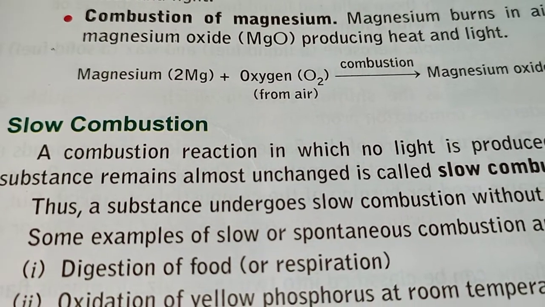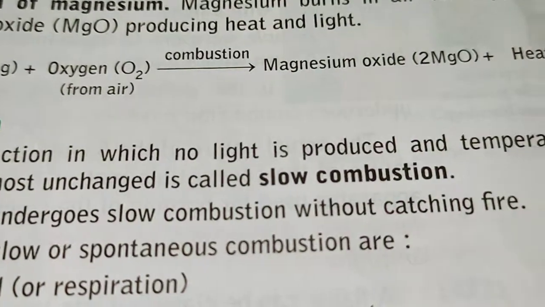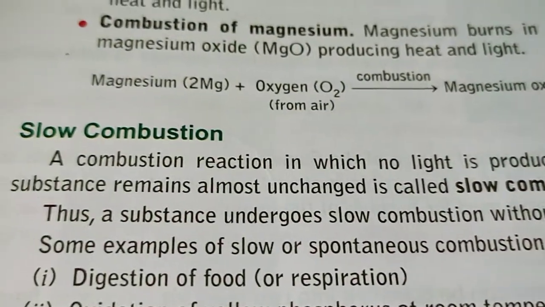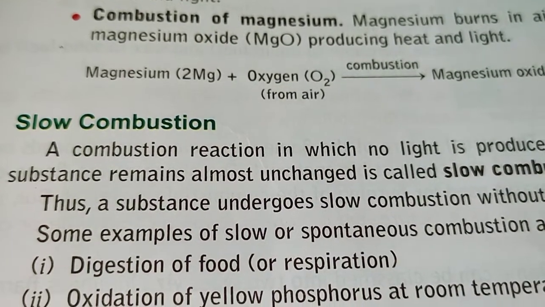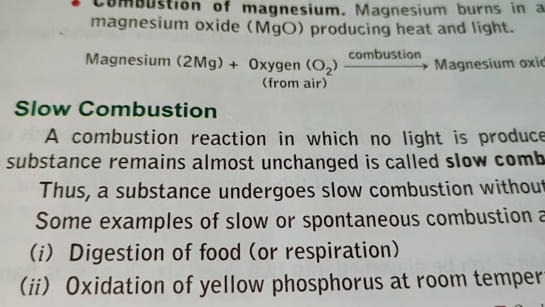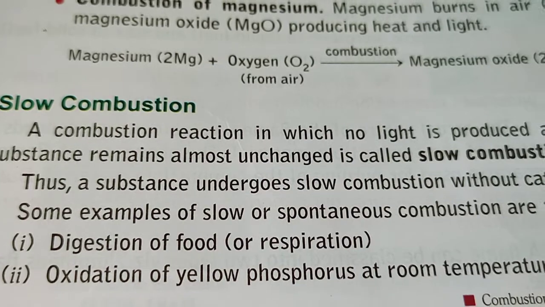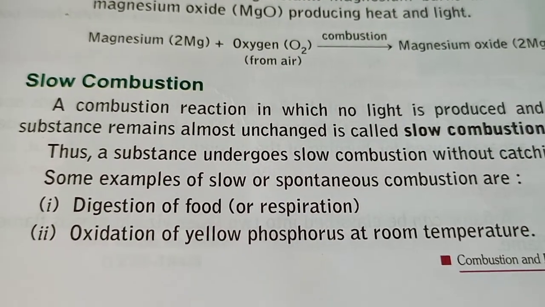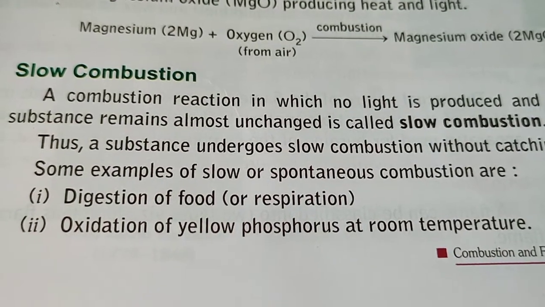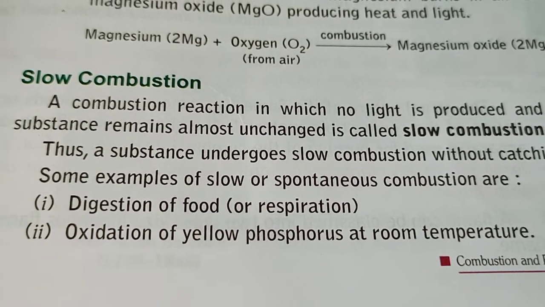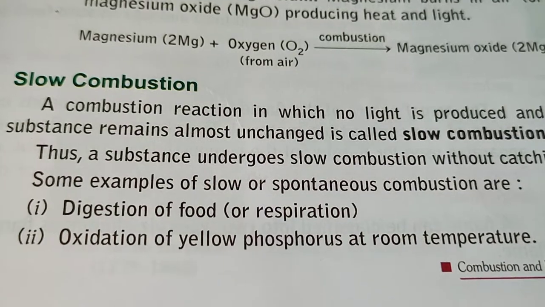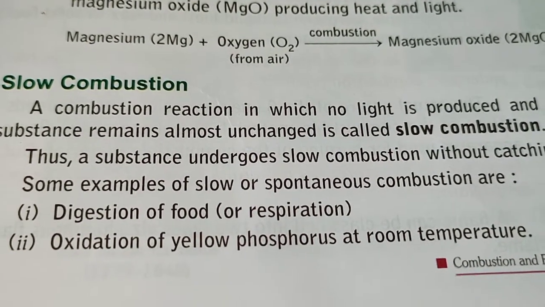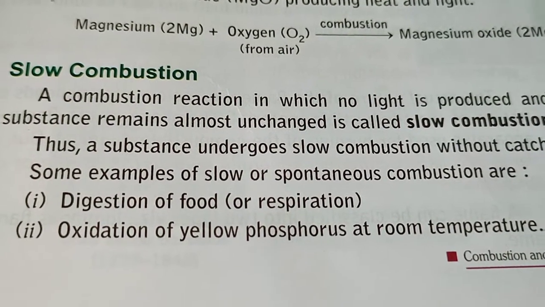Whereas a combustion reaction in which no light is produced and the temperature of the substance remains almost unchanged is known as slow combustion. The first example is digestion of food, that is the cellular respiration process, which we call burning of food.